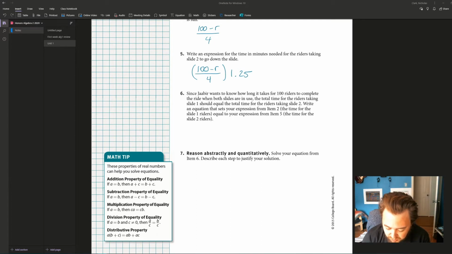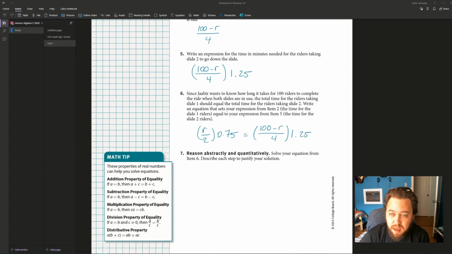So our first expression was r divided by 2, times 0.75. And then our second expression was 100 minus r divided by 4 people in the tube, times every 1.25 minutes. All right, done. Easy breezy, beautiful math.